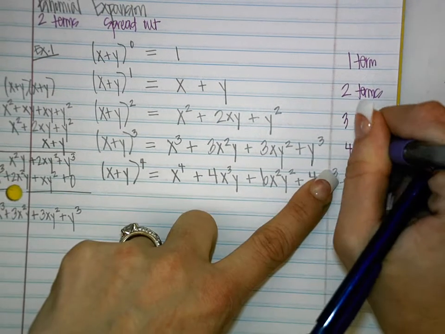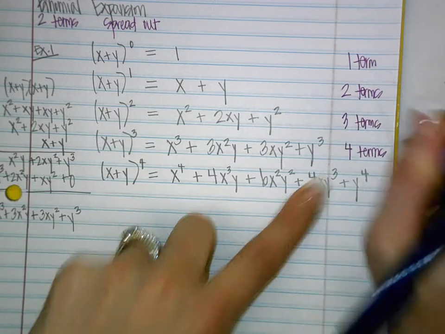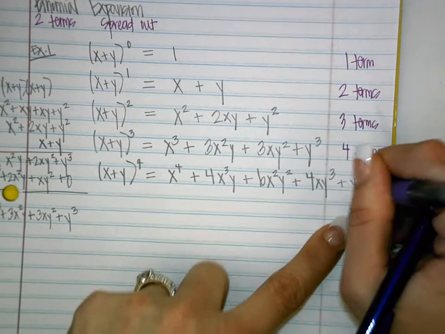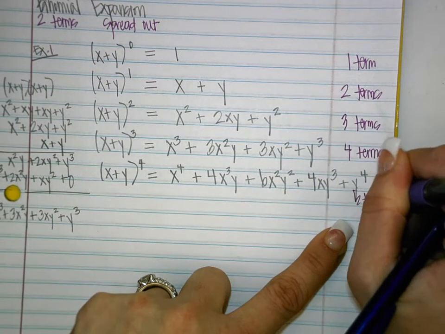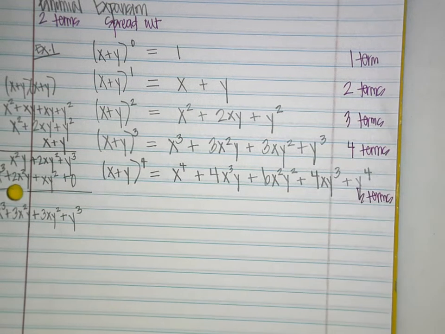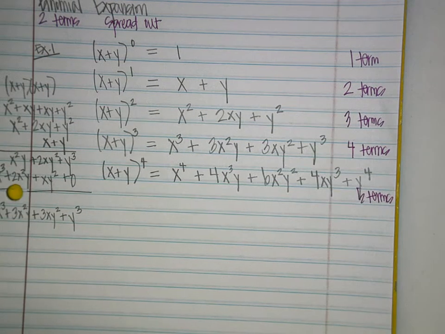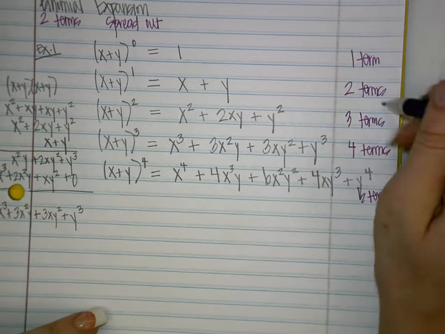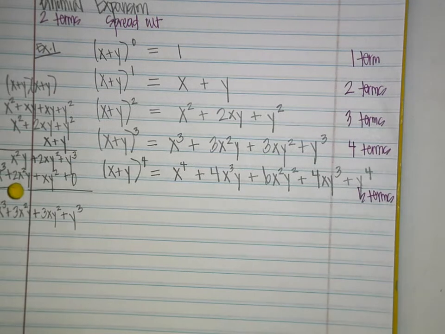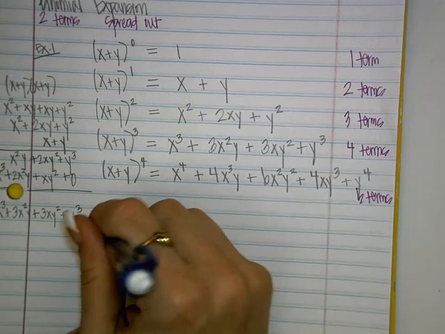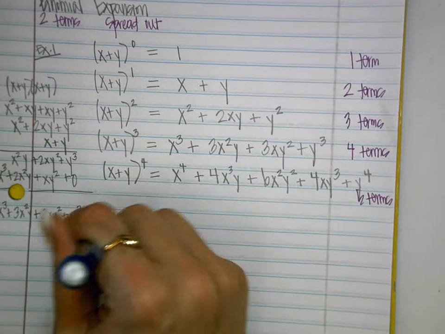Four terms. And 5 terms. What do you notice about the number of terms in each binomial expansion? It's increasing. But say it again, a little louder. It's always one more than the exponent. Exactly. Number of terms.